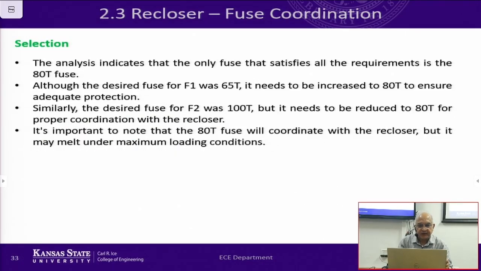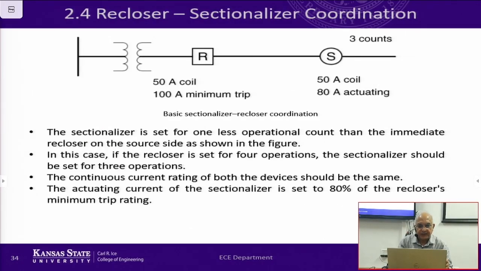So in this case, we are going to look at recloser sectionalizer coordination. And again, this is something that we have already talked about, because in this case you have a recloser and you have a sectionalizer. A recloser is designed to operate, have 4 trips, 2 fast, 2 slow. Sectionalizer will have 3 counts, and it will count the number of times the recloser operated, and after the 3rd operation, it's going to open.